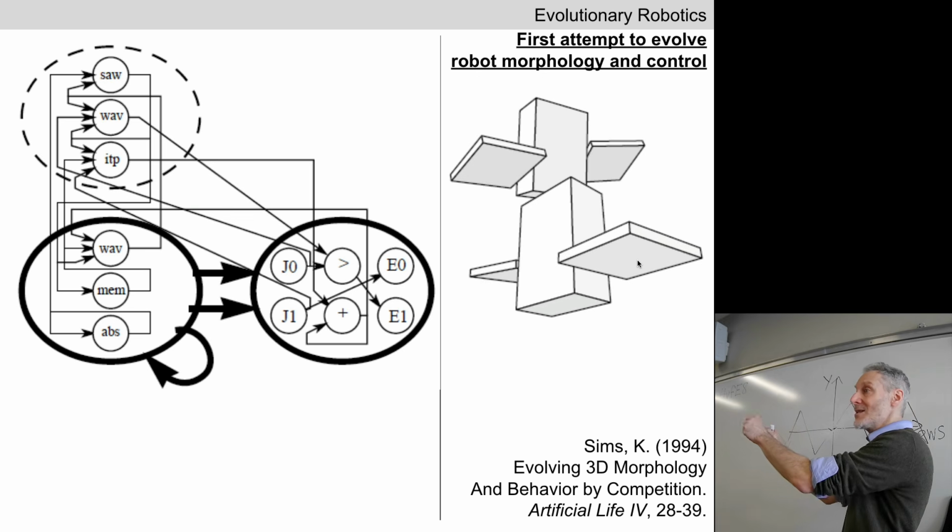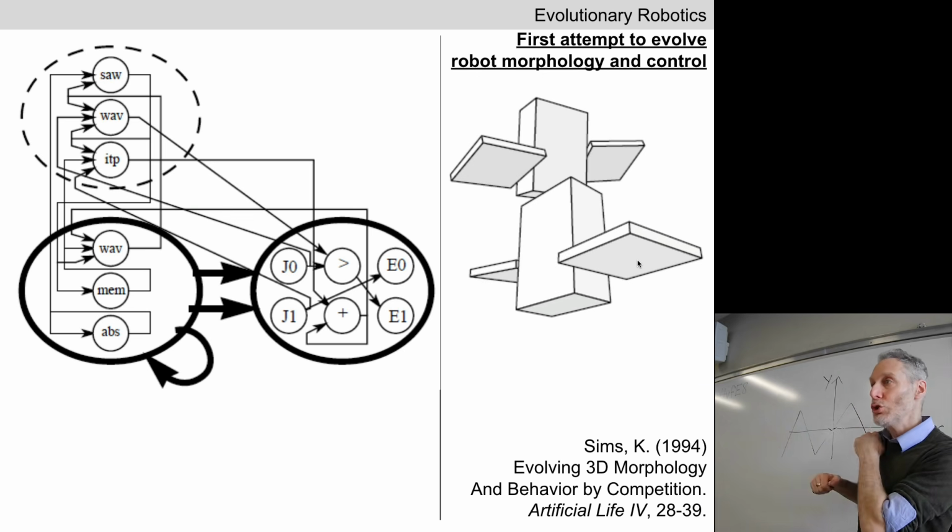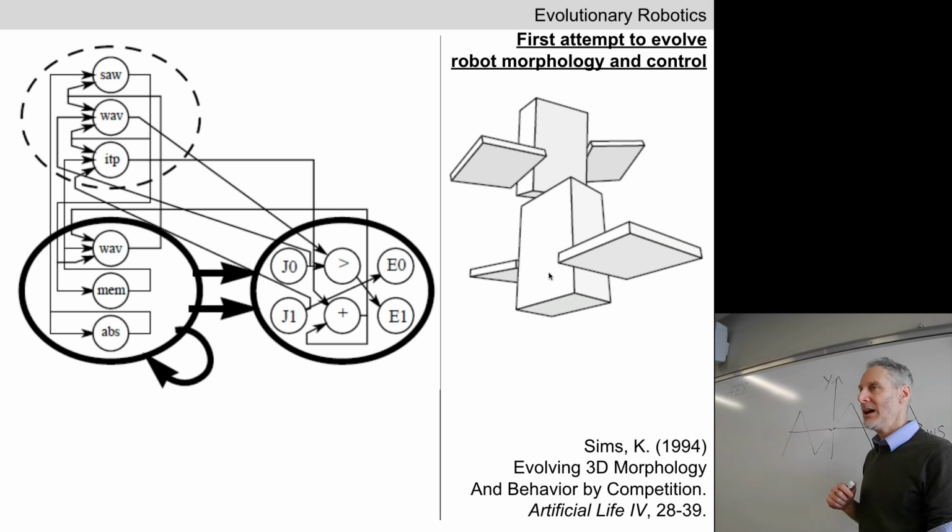Those 2 motor neurons send forces to the 2 hinge joints that connect this fin back to the main body. There's another 2 sensor and motor neurons inside here, another 2 sensor and motor neurons in here, another 2 sensor and motor neurons in here. So far, so good? Okay.